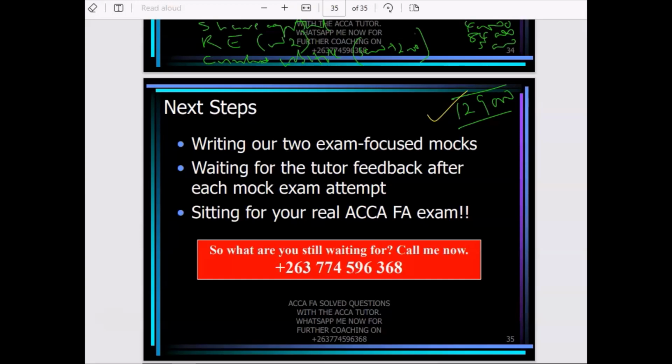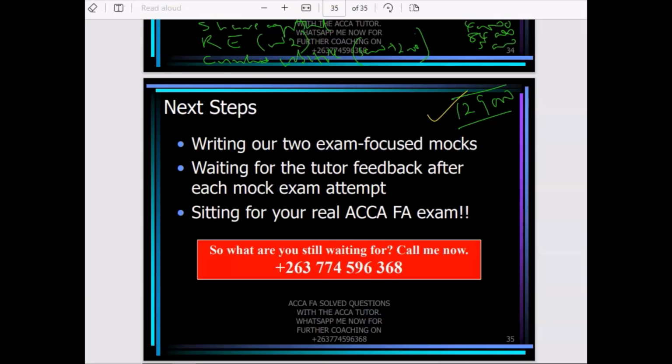We need to write the two exam-focused mocks, and after we write each mock, we need to wait for the feedback from the tutor, because whenever a student submits a mock examination, we mark it and give them detailed feedback about how they were faring. So the first mock should be done, and then we give you feedback. Then we expect some change in the second mock.